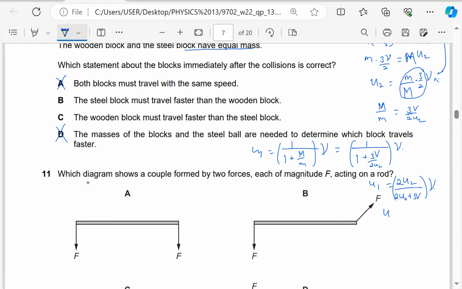So it means U1 into 2U2 plus 3V is equal to 2U2 times V.